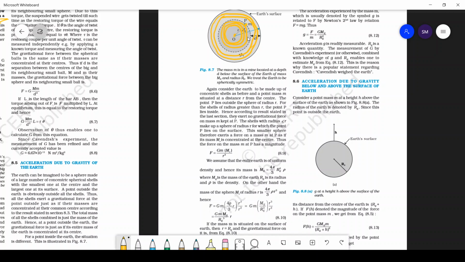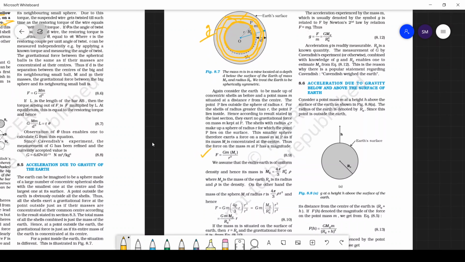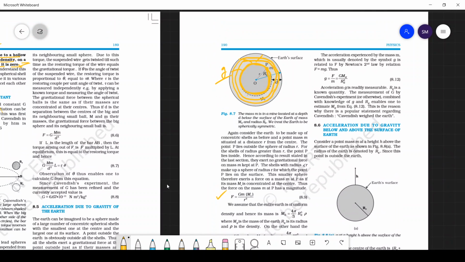The gravitational force will be only due to this much mass of the Earth, only this much mass of the Earth, not the outside one. Is this clear? This is the concept that we will use while finding the acceleration due to gravity on the surface of Earth. I hope you have understood this concept, students.